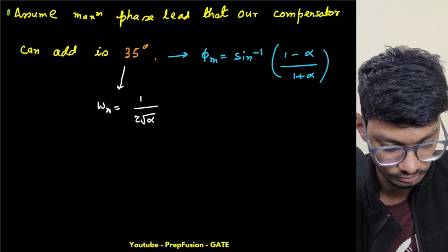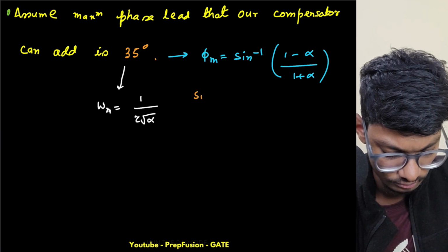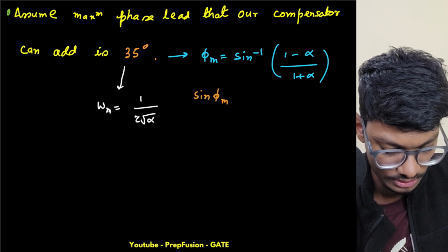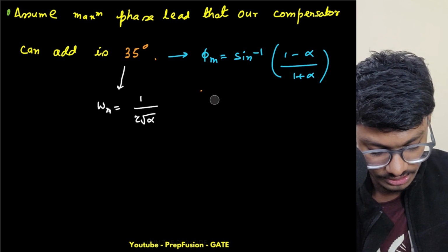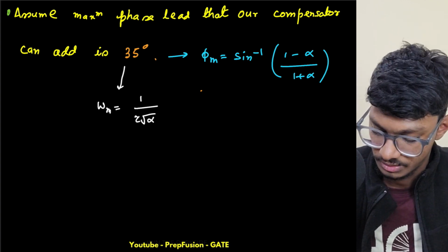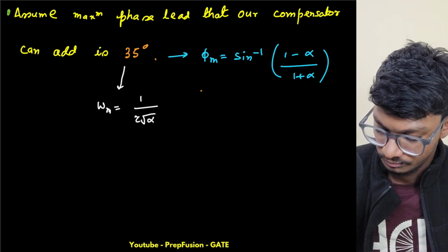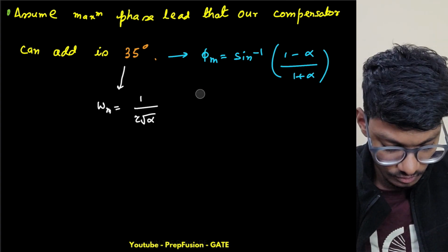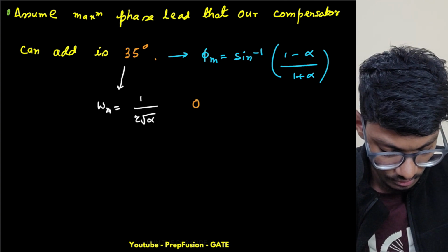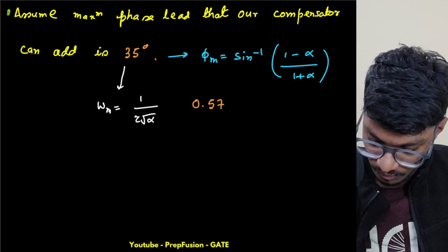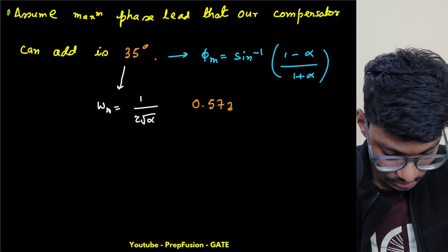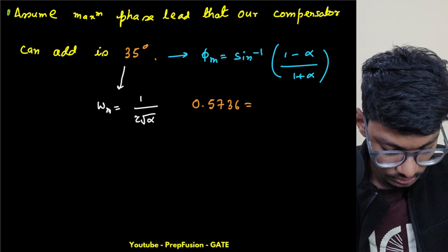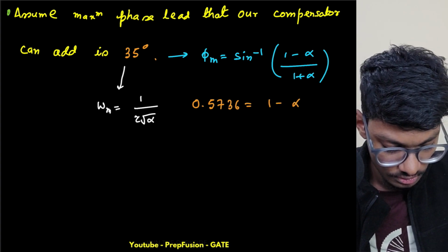So sine phi m will be equal to this. Sine phi m is sine 35, so let me write sine 35 equals 0.5736 equals 1 minus alpha over 1 plus alpha.